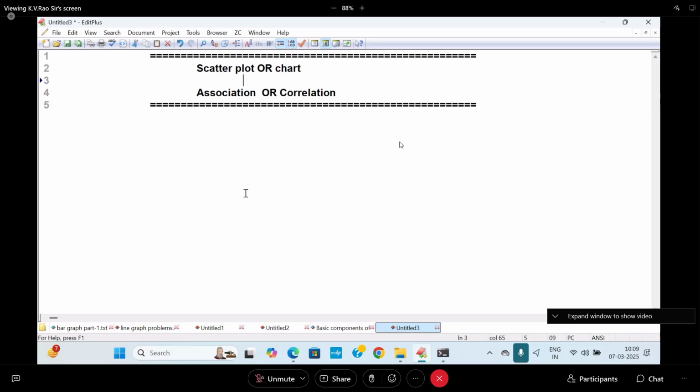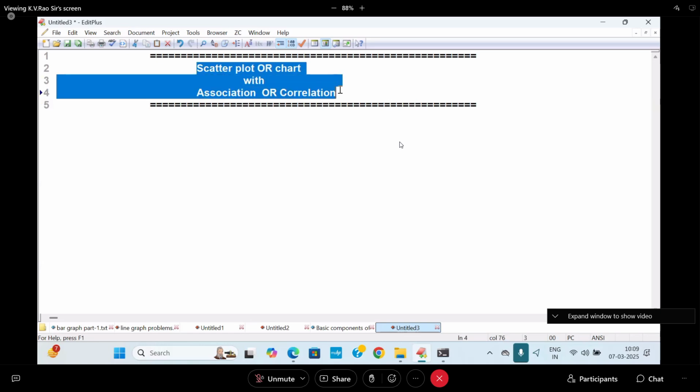This is the scatter plot with association or correlation. Simple. Now when do we need to go for a scatter plot? We will go for a scatter plot diagram between two quantities where they are dependent on each other.